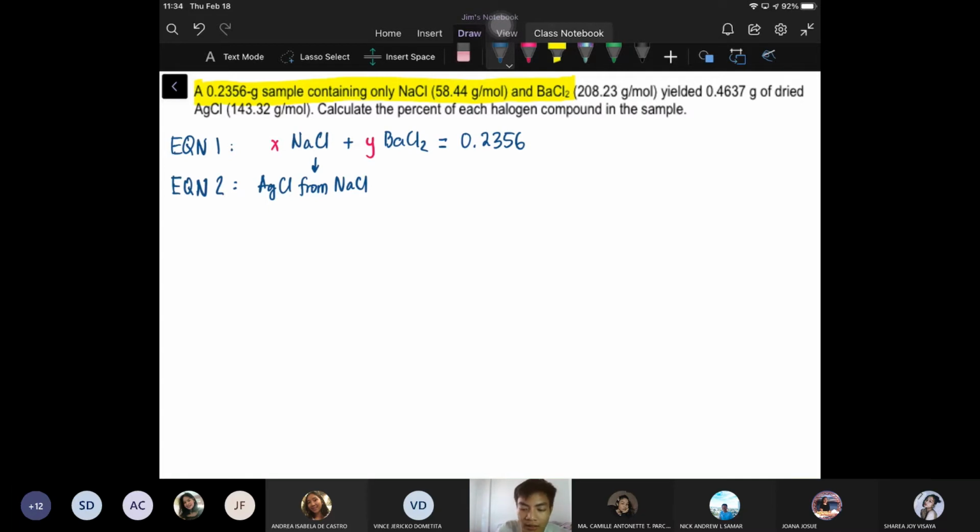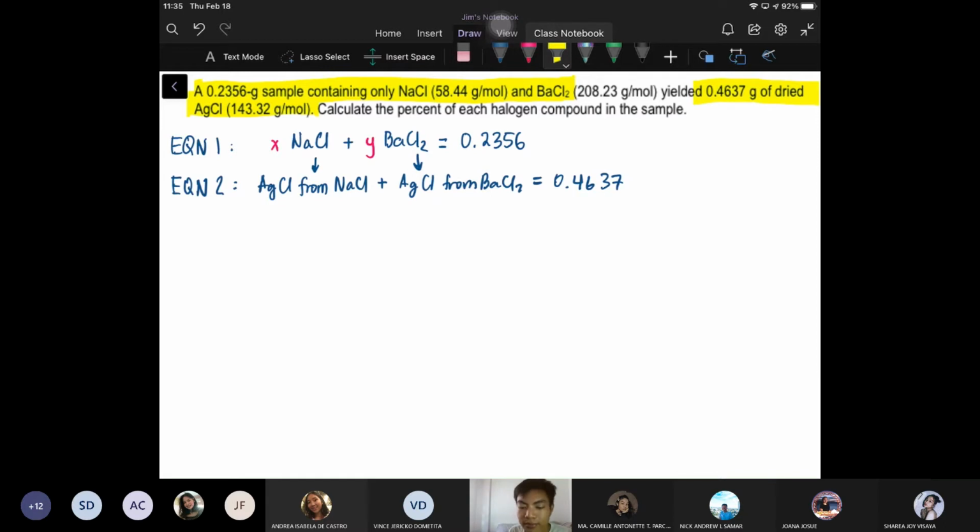And the silver chloride from BaCl2. When I add the silver chlorides from these two salts, that will equal 0.4637 grams.